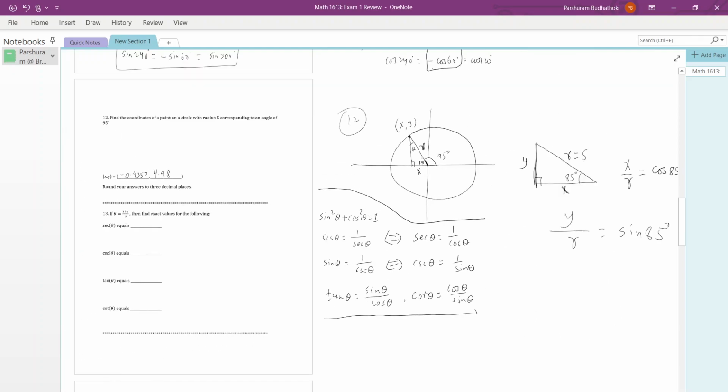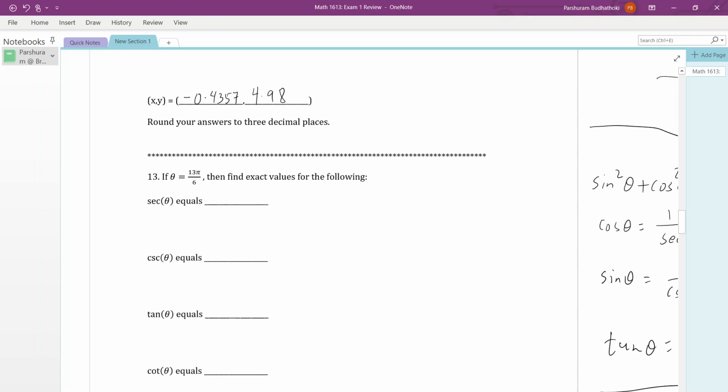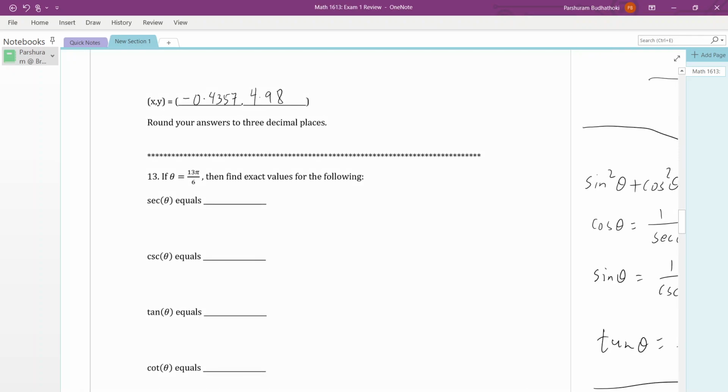Okay, I'm going to use these relations to solve most of the problems here. So what is the secant theta if theta is 13 pi over 6? I don't know how to find the secant theta directly, but I know secant theta is equal to 1 over cosine theta by using this formula. So 1 over cosine 13 pi over 6.